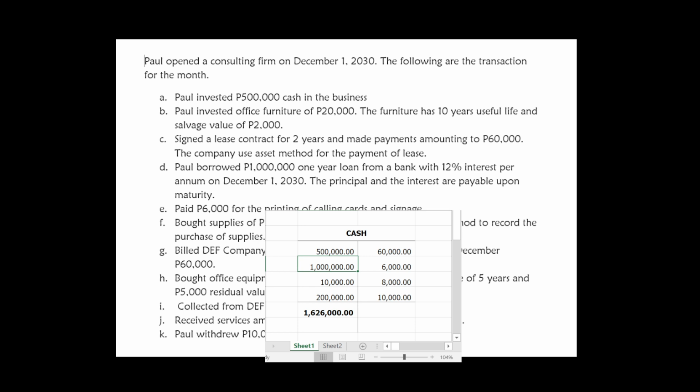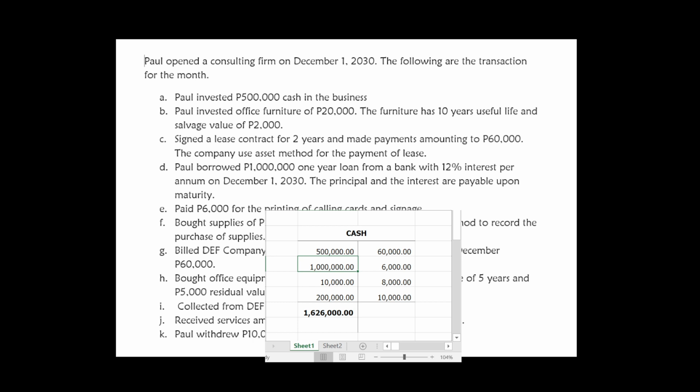So, again, kapag gumagawa tayo ng statement of cash flows, meron tayong tatlong dapat i-consider. Kasi nga yung cash natin, yung pupuntahan niya, it's either operations, investing or financing.